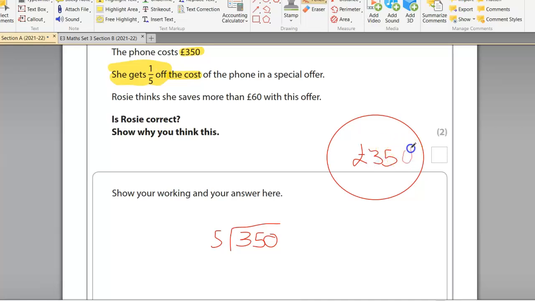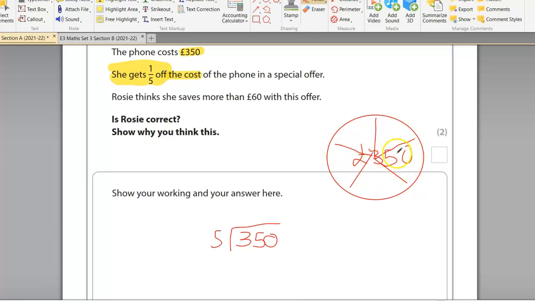And when it says 1/5 of the cost, what it's saying is you imagine that cost of the phone is split up or divided into 5 equal parts.